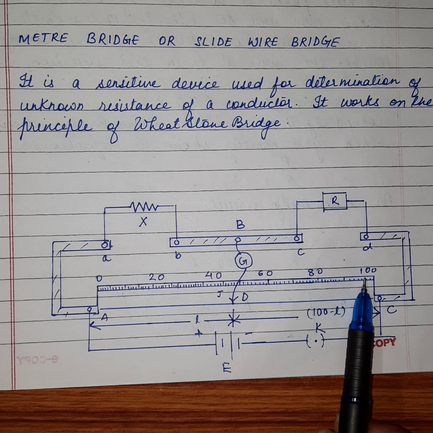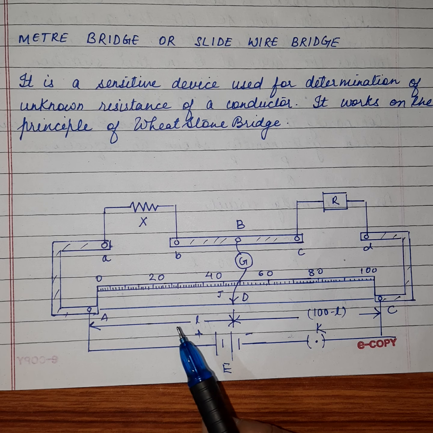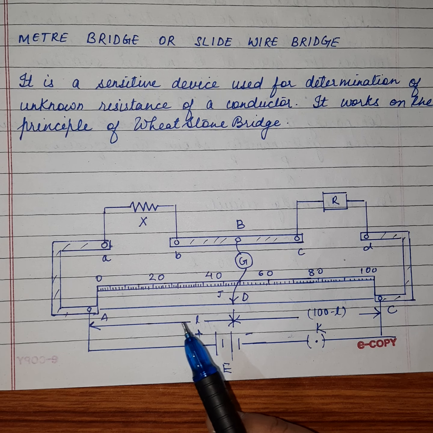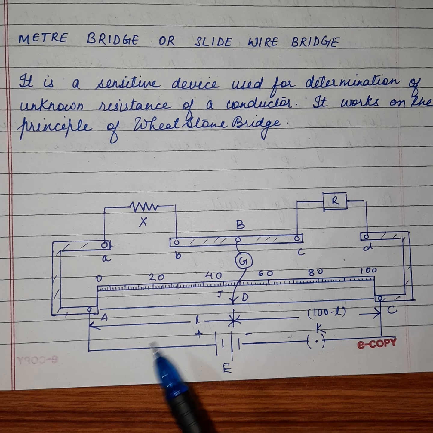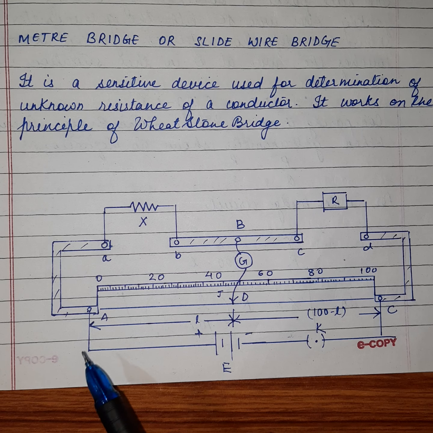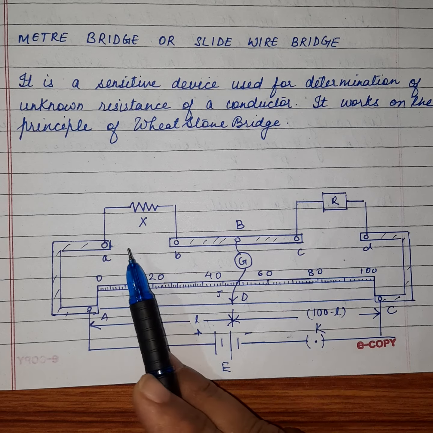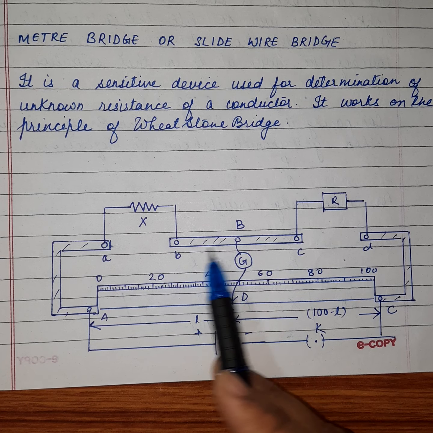The ends of the wire are soldered to L-shaped copper strips with binding terminals provided at their ends. So here we have copper strips. Then another copper strip with 3 binding terminals is fixed between these two strips.